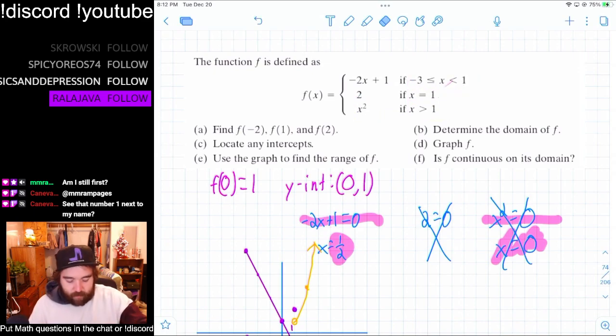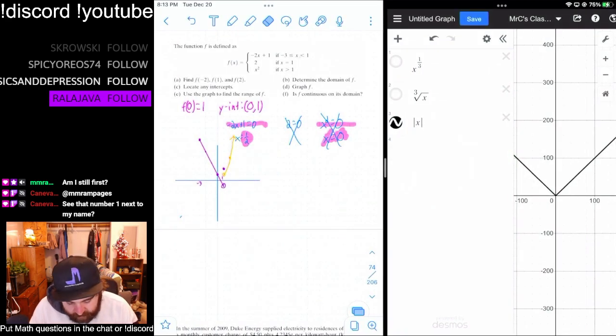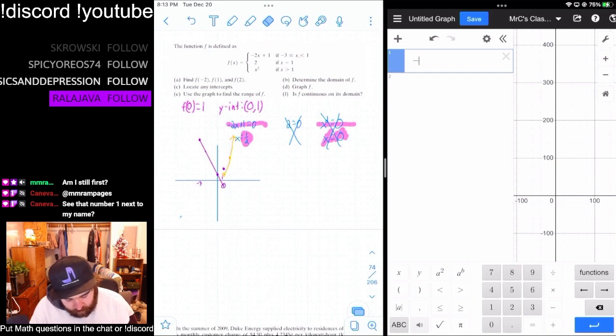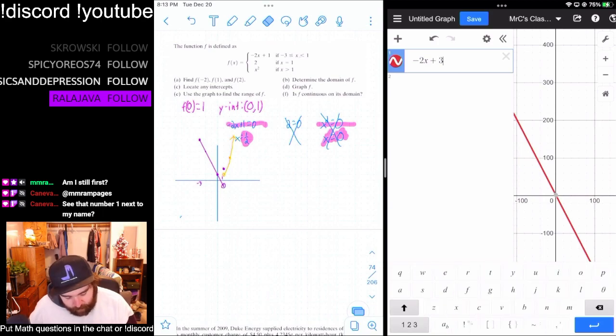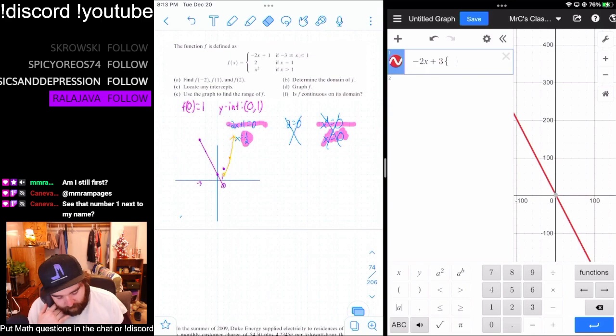So let's go to Desmos and let's see how that's going to look. Let's keep it side by side so I have the functions. So we have the line negative 2x plus 3. How you can do this on Desmos, there's a couple of ways you can do it, but the simple way is to write the equation, then do the curly brackets, and then write the inequality.